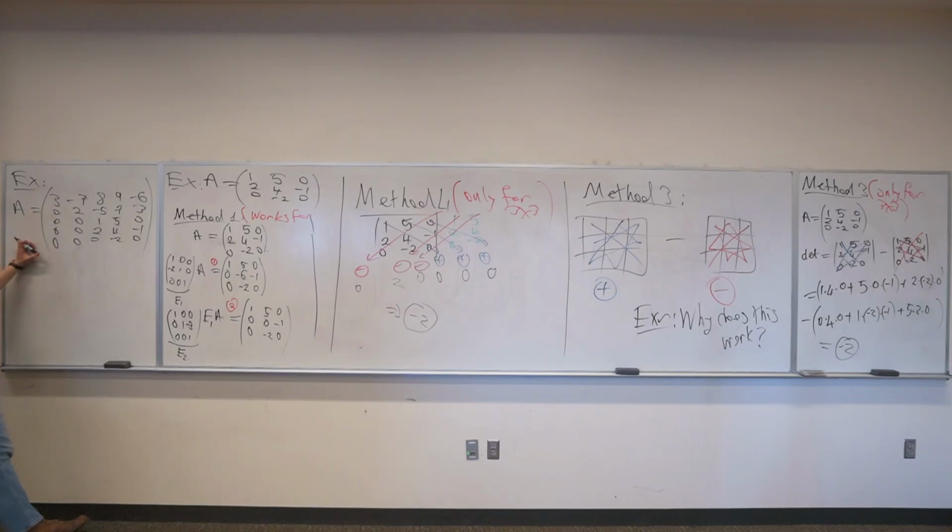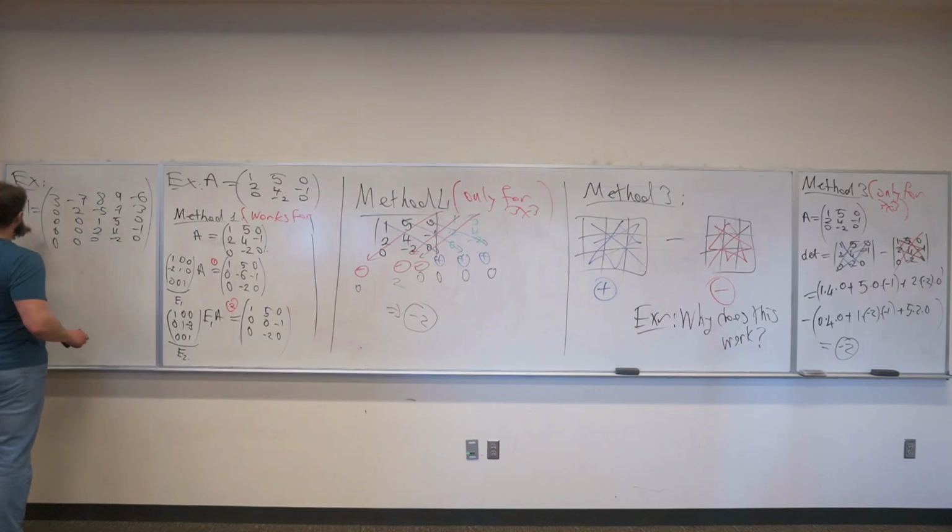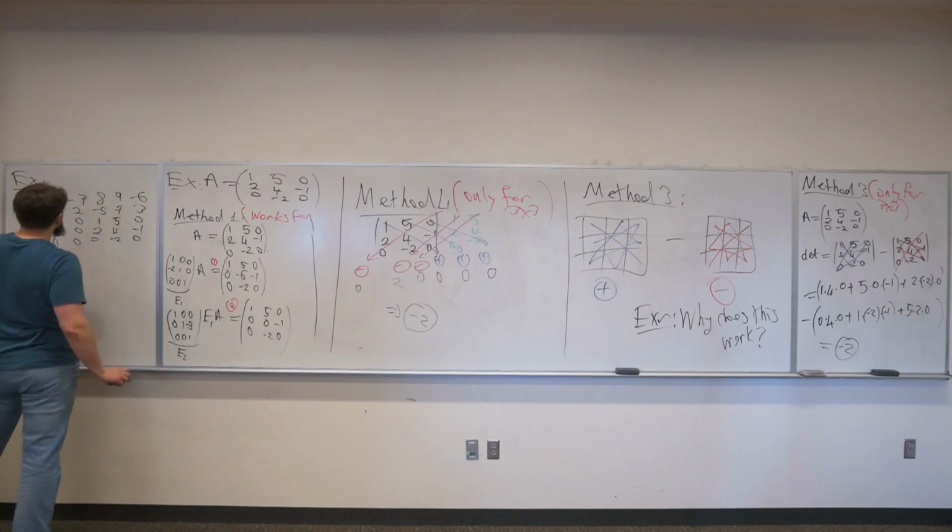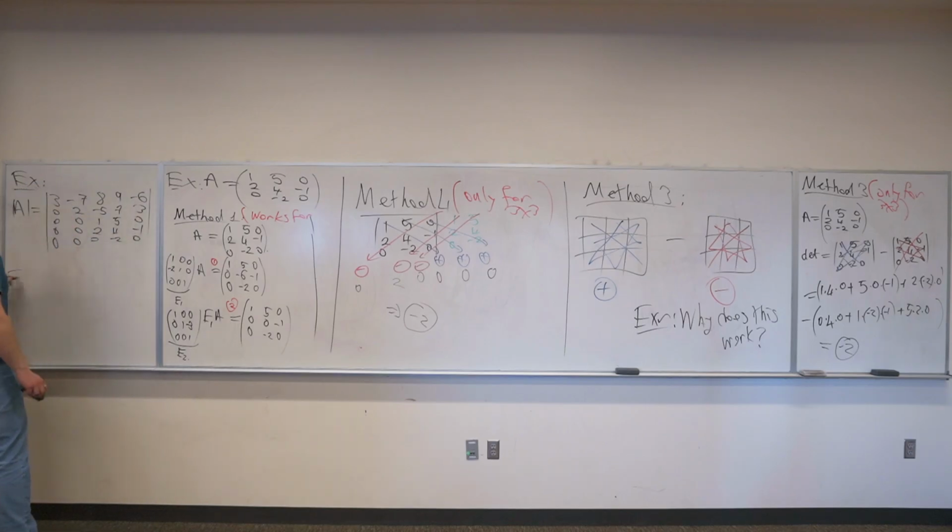I'm thinking, is there anything else I can do? Yeah, let's just start with this. Now I'm looking at the determinant. This determinant is the same thing as, take this 3 out.